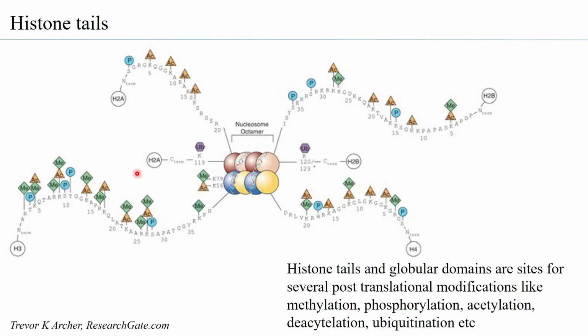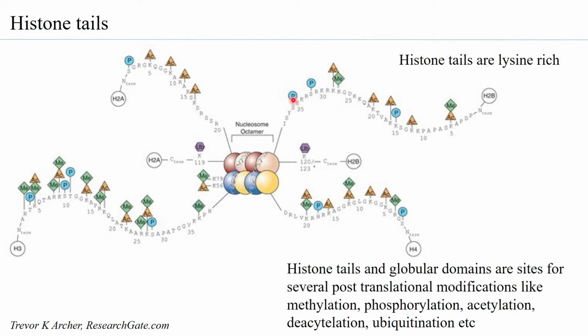Now, it has been found to be more in the histone tails, but there are also post-translational modifications happening within the nucleosome octamer itself. These all are possible because one observation is that the histone tails are highly rich in lysine residues, as depicted by K. You can see K here, K here, K here, K here, and K here.